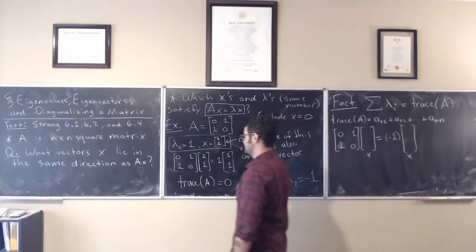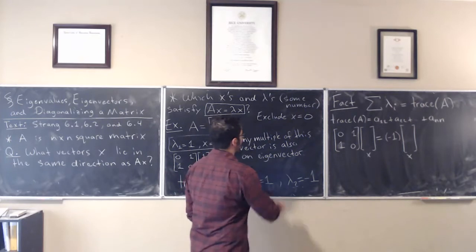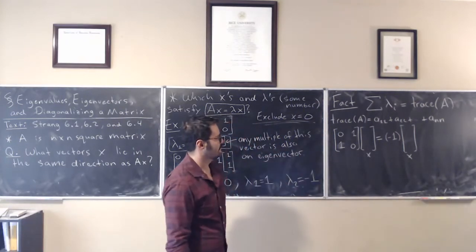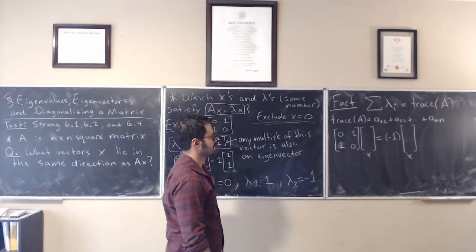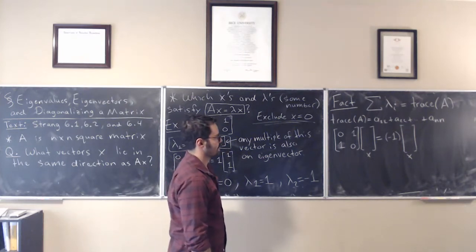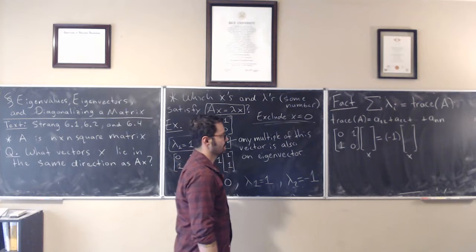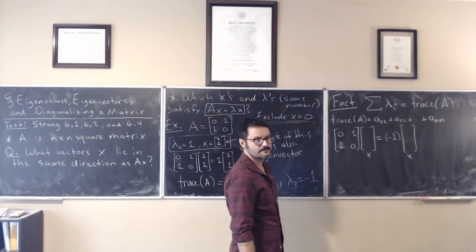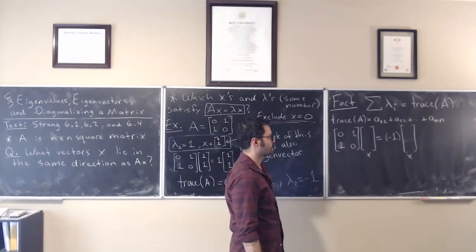Is it just going to be 0, 0, or are we still excluding that? Yeah, we were still excluding the 0 vector. Okay. What about -1, -1?